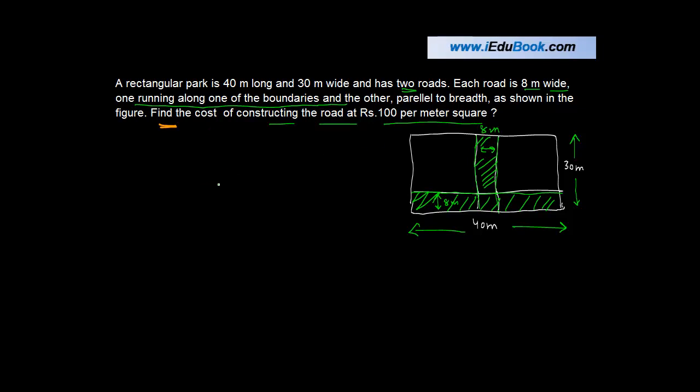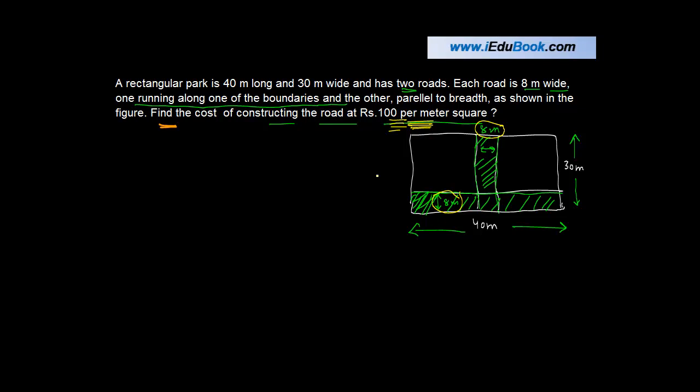So what it is asking you is that if you have to construct this road, what is the cost of construction of this road, this plus this road, if the cost is 100 per meter square, right? Now how do you calculate this?